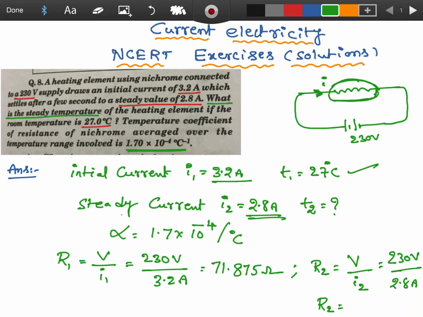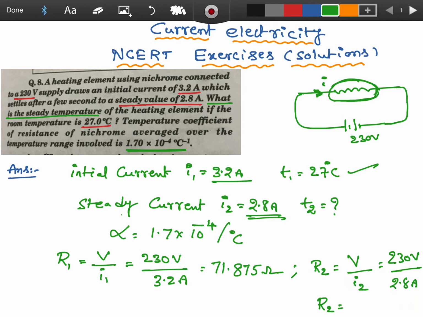After a fraction of seconds, this current becomes 2.8 ampere because the heating effects develop. The temperature of the heating element increases, so resistance also increases, and that's why the current decreases to 2.8 ampere.